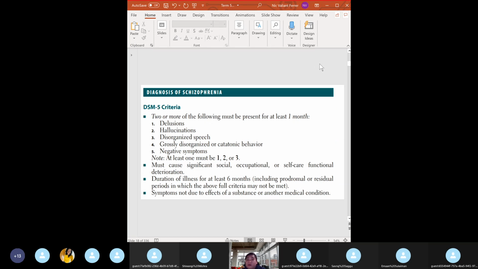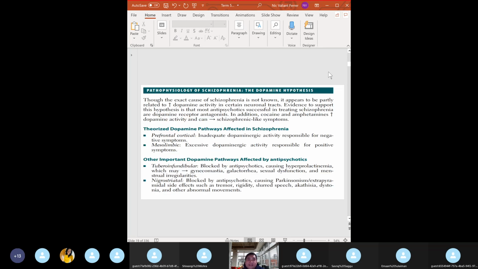Two or more of the following for at least 1 month: delusions, hallucinations, and disorganized speech. You need to have those, and some of the negative symptoms. It must cause significant social, functional deterioration, and symptoms are not due to the effects of a substance or another medical condition.